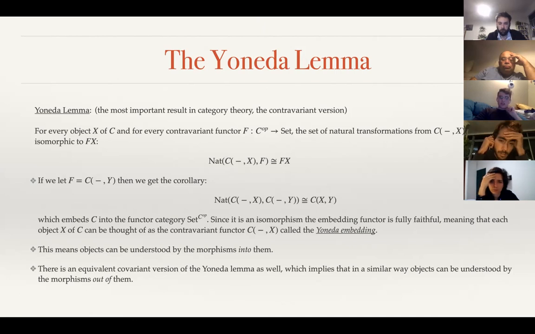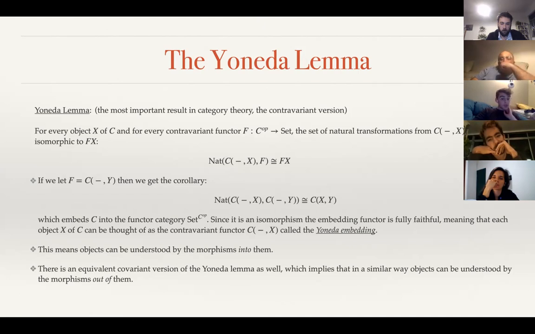Each object can be thought of literally as the contravariant functor, where you have a blank space, put something in, and you get the morphisms between that thing and X. This is called the Yoneda embedding.